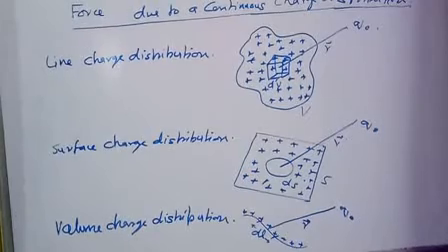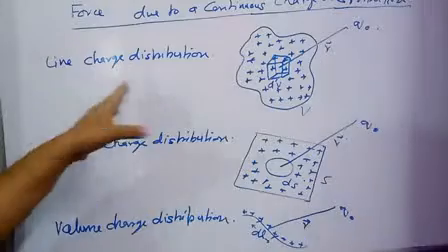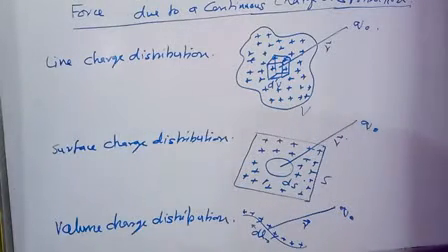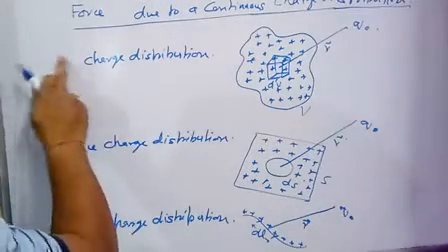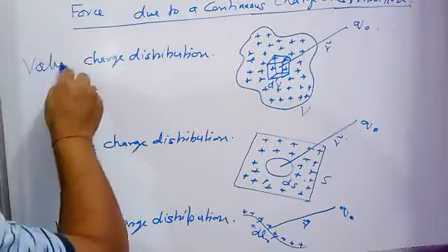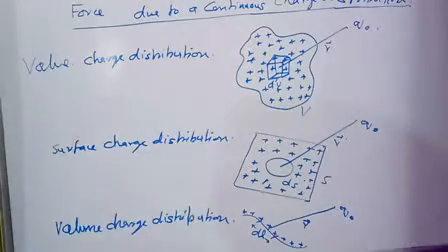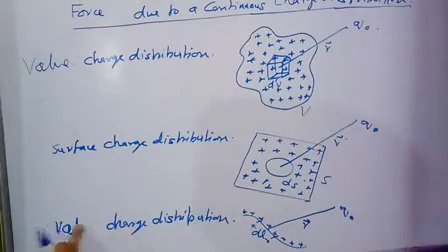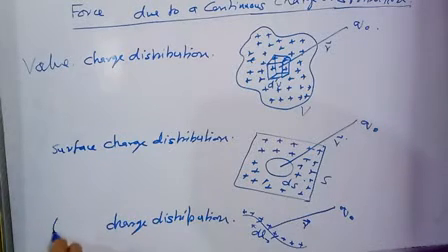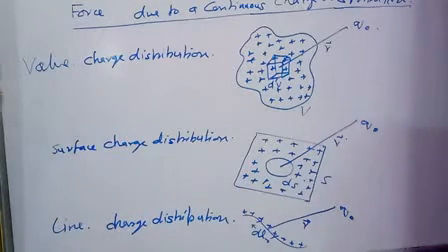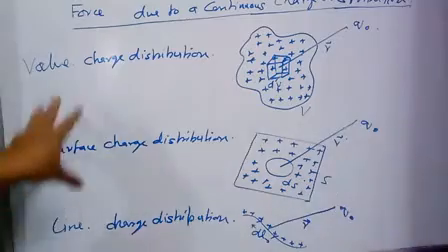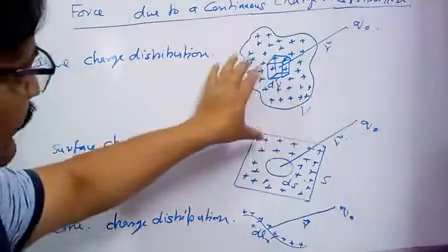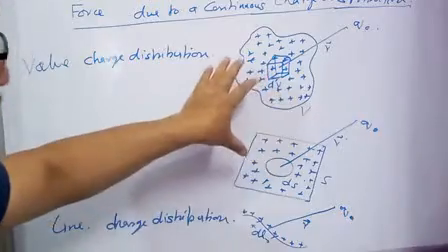In this figure we can see different types of continuous charge distributions. Here in the first figure, this is volume charge distribution. This is surface charge distribution, and this is line charge distribution, or linear charge distribution. In the first case, charge is distributed over the volume of the conductor uniformly.